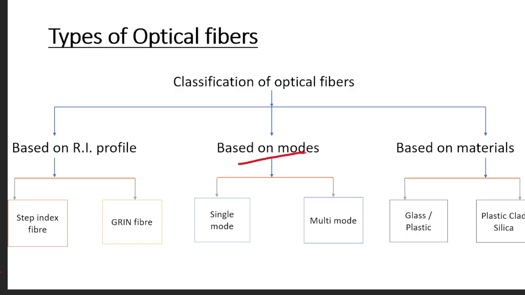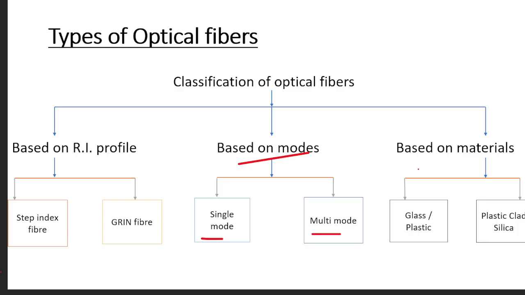Based on modes, optical fiber is divided into two types: single mode fiber and multi-mode fiber. In single mode fiber, only one mode of propagation is allowed, whereas in multi-mode optical fiber, more than one mode of propagation is supported.